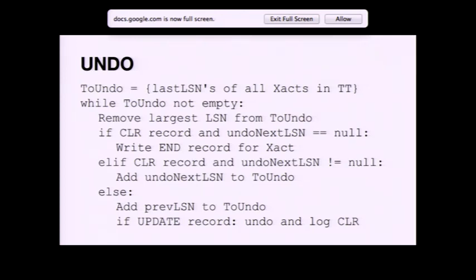This is the point where we actually write a log record. So we can write either a CLR record while we're dealing with updates, or we can write an end transaction record after there's nothing left to undo and we've gone all the way back to the beginning of the transaction. So conceptually, it's very similar to aborting that transaction.